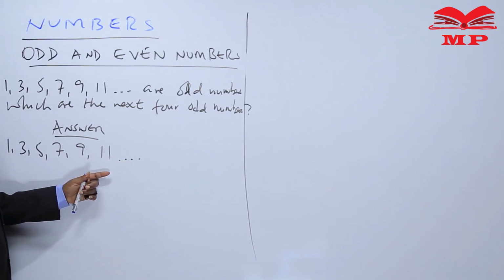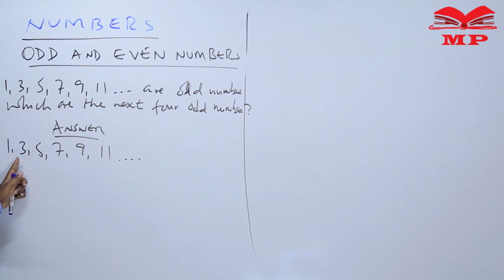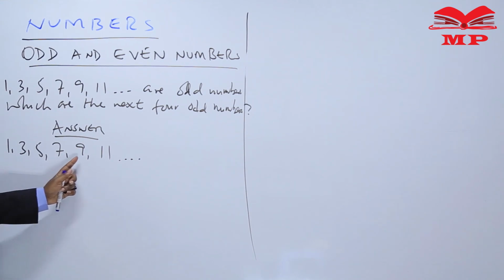You can see these numbers. There is a pattern to these numbers. After 1, we have 3. After 3, there is 5. After 5, we have 7. After 7, there is 9. After 9, you have 11.